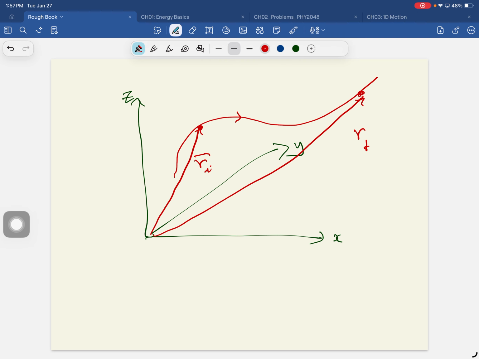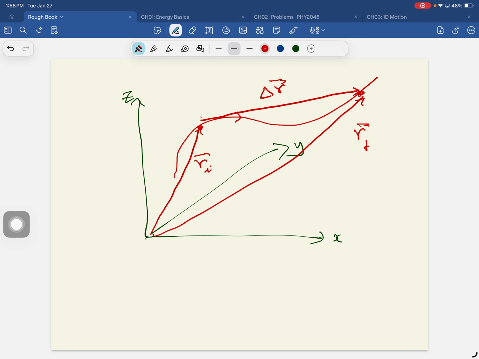But generally what we are interested in is, what is my velocity at this instant? When you're driving your car, how do you find the velocity at this instant? You look at the speedometer, that'll give you a speed, and you know your direction in which you're moving. So that's how you know your instantaneous velocity. Mathematically, your instantaneous velocity is delta x by delta t in the limit delta t going to 0.